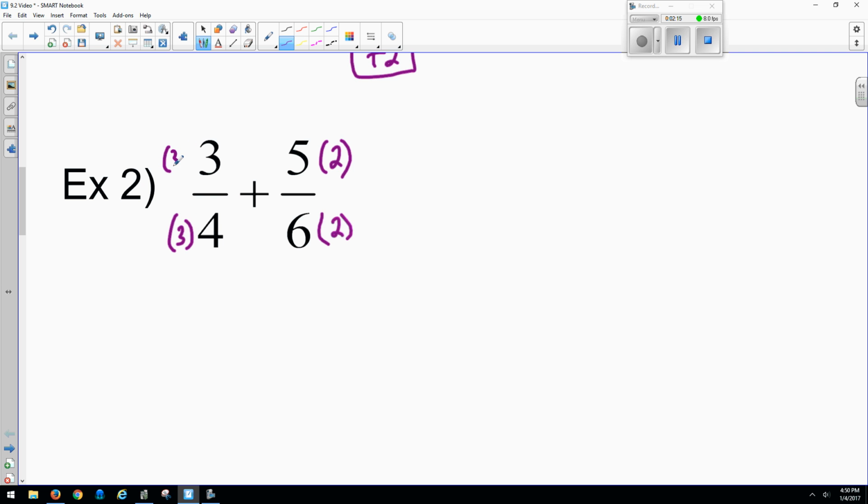So I'm going to do the same thing to the numerator. And so what I'm going to get is 9 over 12 plus 10 over 12. And when you add or subtract fractions, as soon as you get that common denominator, you're just combining the numerators. So I end up with 19 over 12. And there's nothing to reduce there.